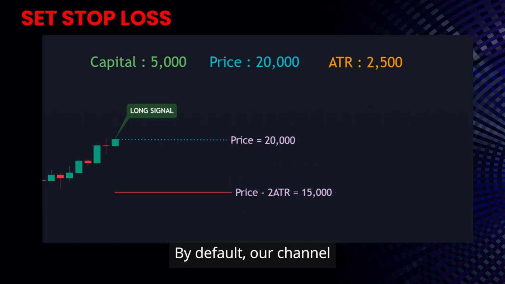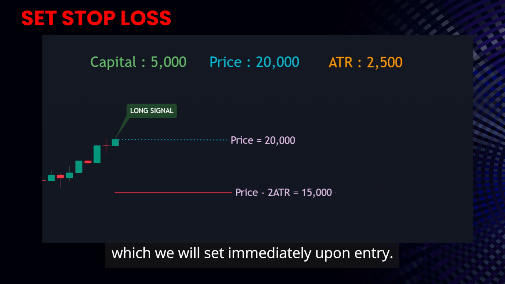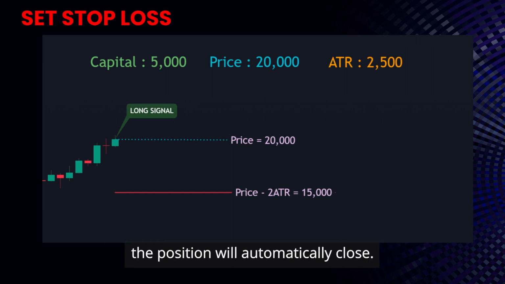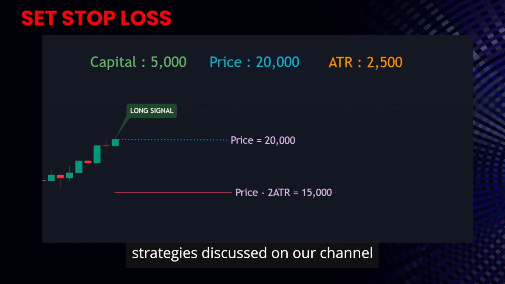By default, our channel uses a 2 ATR multiplier for the stop loss, which will be set immediately upon entry. If the price hits the level, the position will automatically close. Unless stated otherwise, strategies discussed on our channel will involve setting a stop loss at entry.